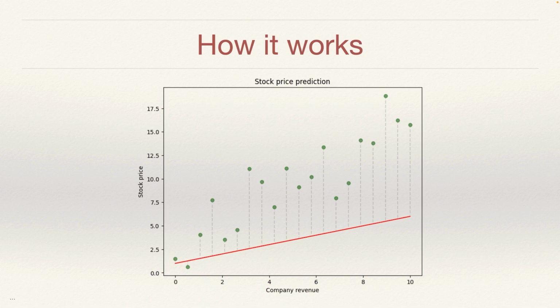And one way to formulate this into a mathematical equation is to calculate the difference between the line and the data points. If you see the dotted line over there, the dotted line would indicate the difference between the actual data point and the linear regression line that we currently have. And we can see that the current linear regression line is not that accurate. As an example, when the company revenue is around 4, our linear regression line says that the stock price would be about 2.5.